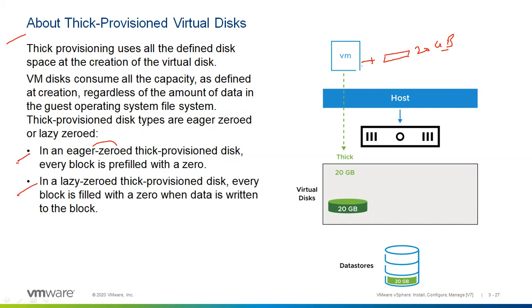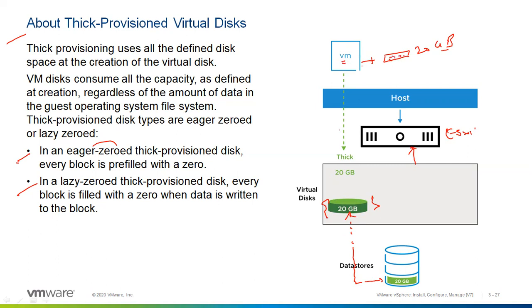It means that, like this is your data store, this is your storage connected to your ESXi host, it will immediately occupy this space in the underlying data store. It does not matter if the VM actually writes the 20 GB of data here.